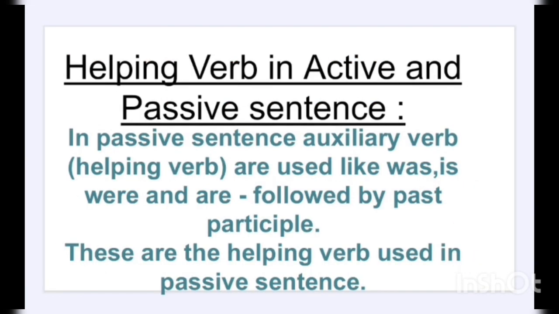Here is another rule, helping verb in active and passive sentence. In a passive sentence, auxiliary verbs, that is helping verbs, are used like was, is, were, and are, followed by past participle. These are the helping verbs used in passive sentences.